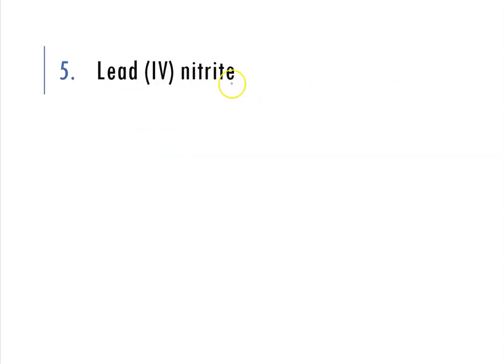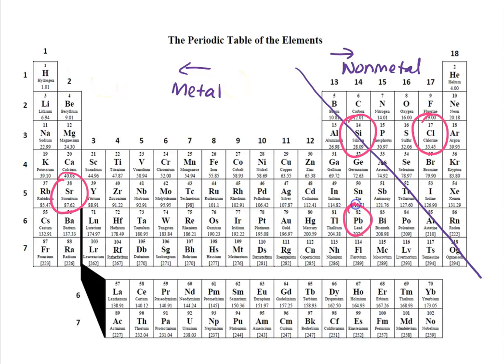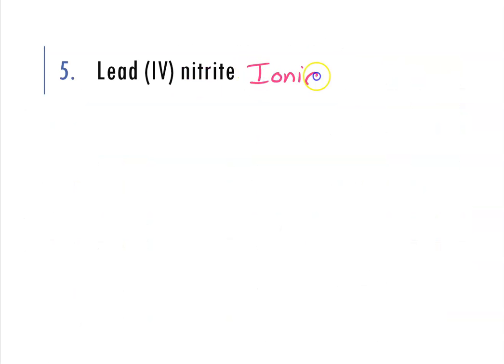Next up, we have lead(IV) nitrite. It does not end with acid, so it's not an acid. Lead is here, which means it is a metal, so that means that it is ionic. Lead symbol is Pb. The charge is given by my Roman numerals, so that's a 4. Nitrite ends in ITE, so it's a polyatomic ion.